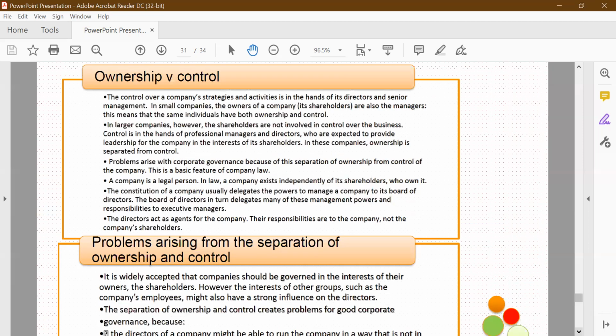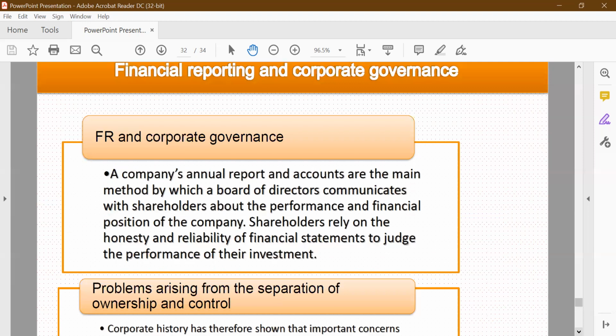Now, let's talk about financial reporting and corporate governance. It's very, very important.